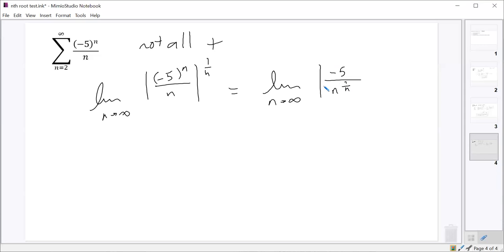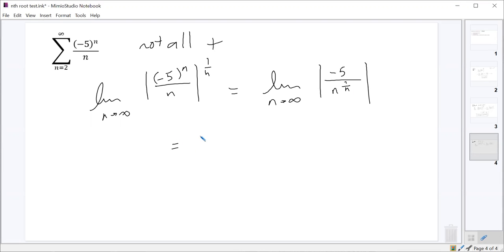And as n goes towards infinity, we've proven this limit once before, but what does that limit come out to be as n goes towards infinity? N to the 1 over n as n goes towards infinity is 1.